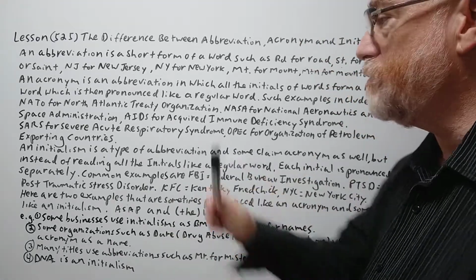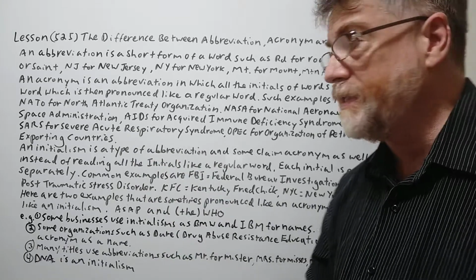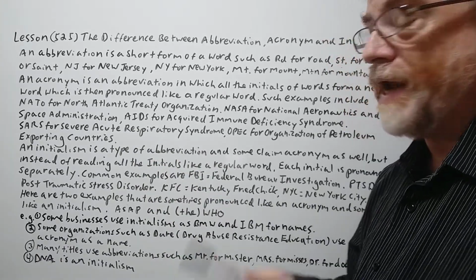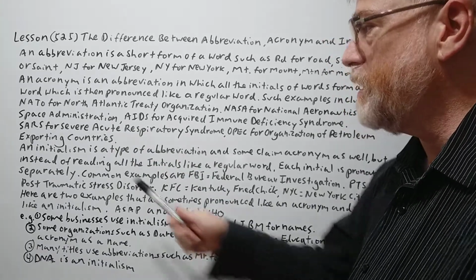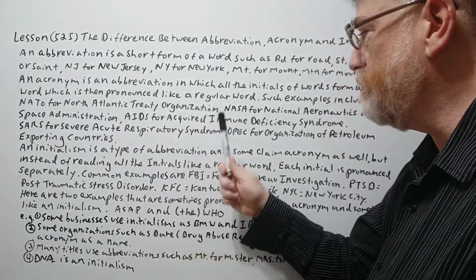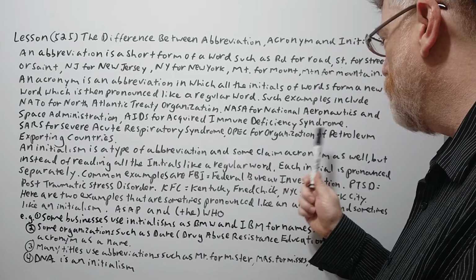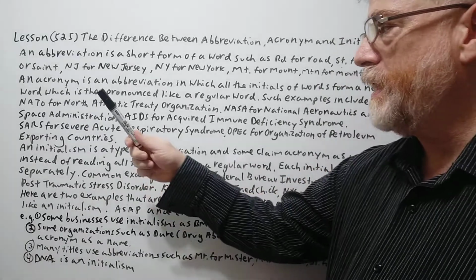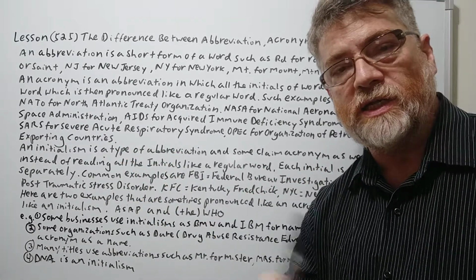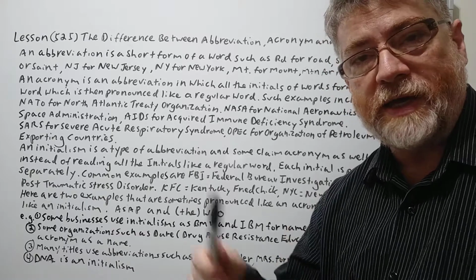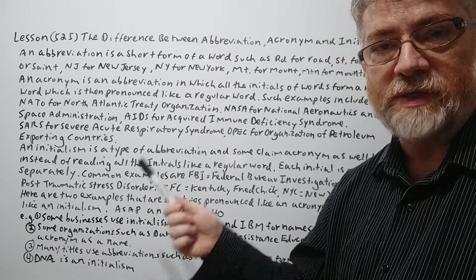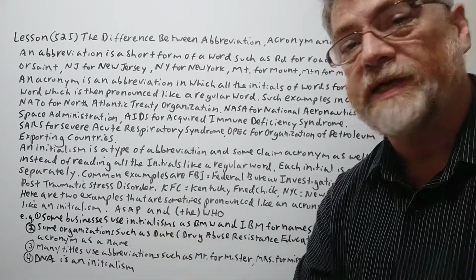SARS, same thing, another disease here. It's an acronym. We read it as SARS. It stands for Severe Acute Respiratory Syndrome. Okay. OPEC for Organization of Petroleum Exporting Countries. Again, it sounds like its own word, like OPEC is meeting next week to discuss the price of oil or something like that.